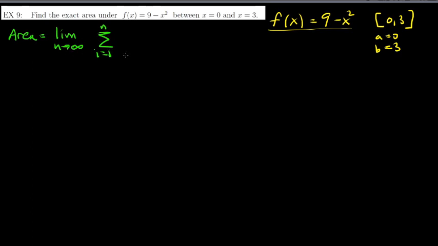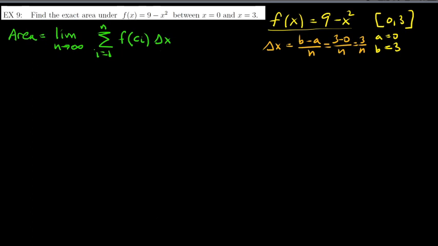We want to make them bigger and bigger in number. Of f of ci times delta x, where if you remember, delta x is just b minus a over n, or in this case, 3 minus 0 over n. So that's just 3 over n.